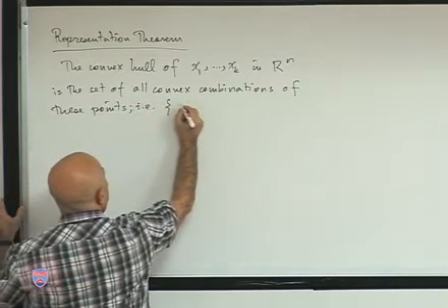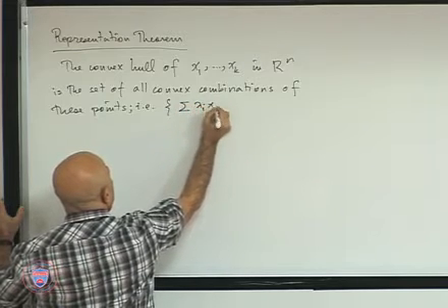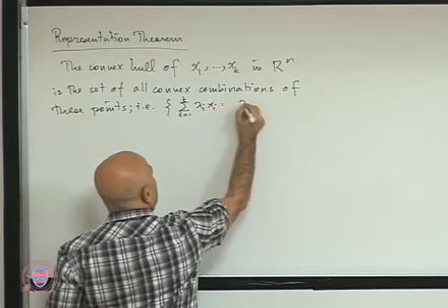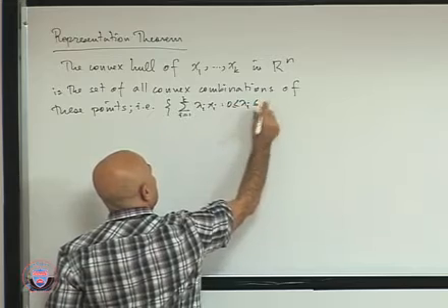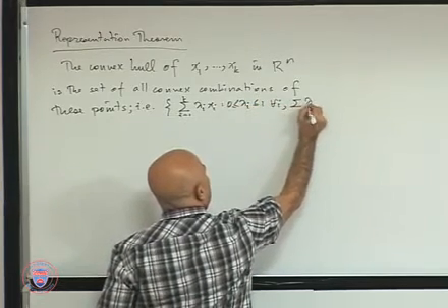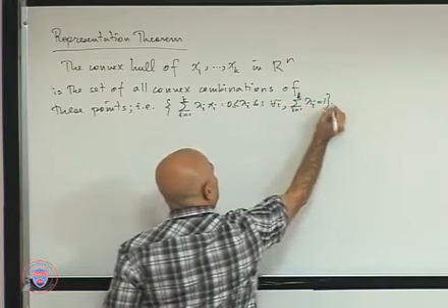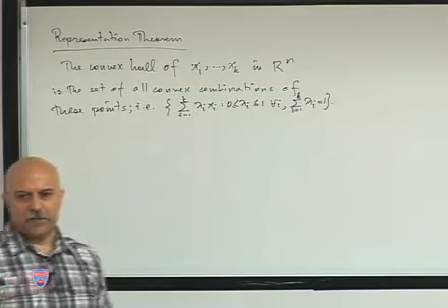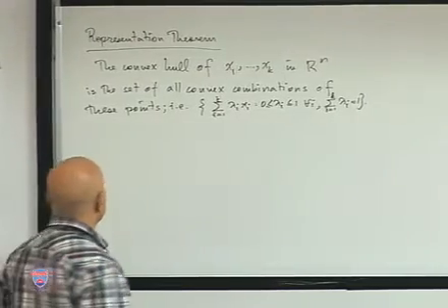So we're talking about the set of points of the form the sum of lambda_i x_i, where lambda_i is a number between 0 and 1 for every i, and the lambda_i add up to 1. And so lambda_i x_i summed over i gives you the set of all such possible points. Okay.